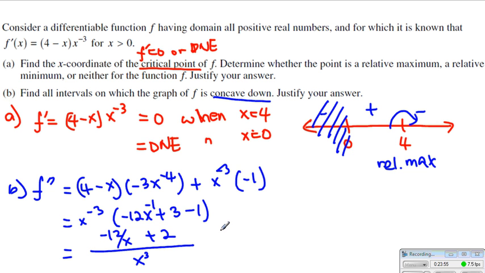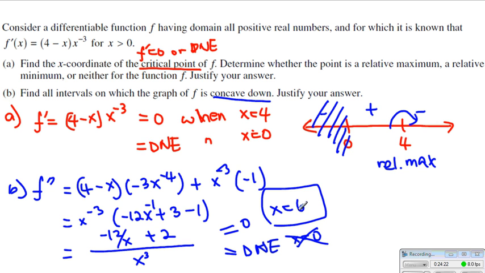Now, this can be either equal to 0 or not exist. When it's equal to 0, the numerator has to be equal to 0, so we will realize that x has to be equal to 6. Now, it doesn't exist if x equals 0. So once again, 0 is not part of our domain, so we wouldn't worry about that. We have to only worry about x equals 6.